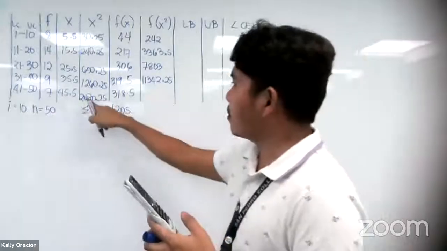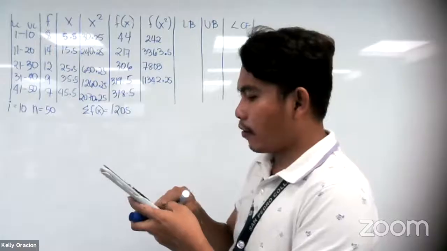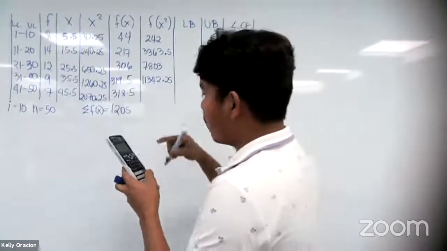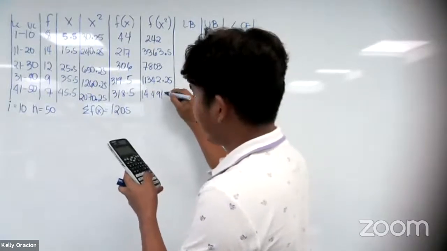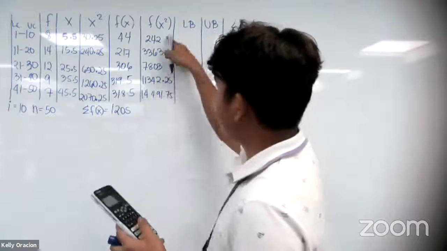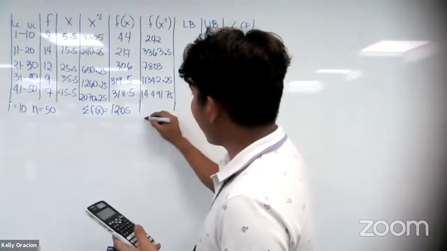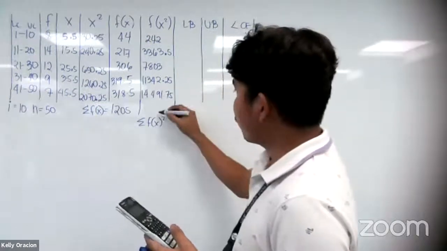Next is 7. Multiply it by 2,070.25, and you will have 14,491.75. Okay?